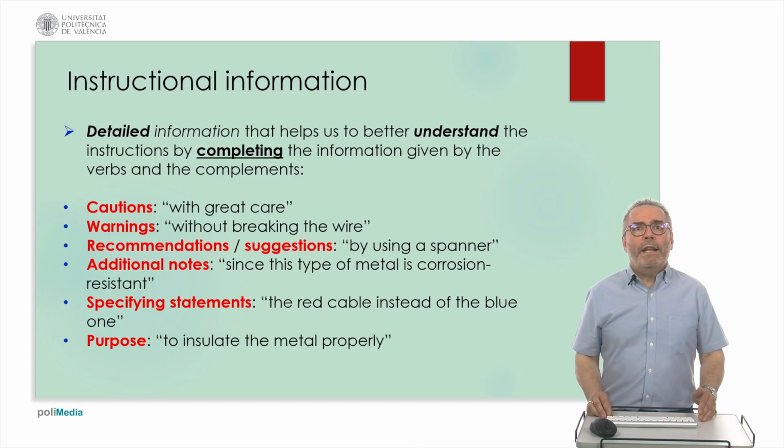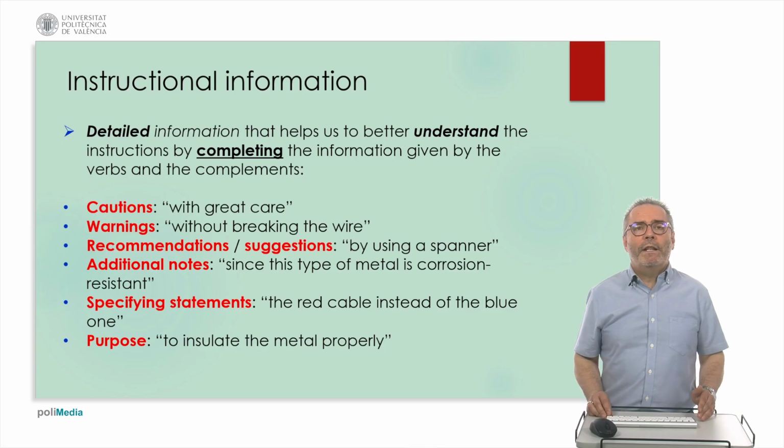Here we see the different structure of direct and indirect instructions. Regarding instructional information, this term refers to detailed information that assists us to better understand the instructions, and they complete the information given by the verbs and the complements of the instructions.